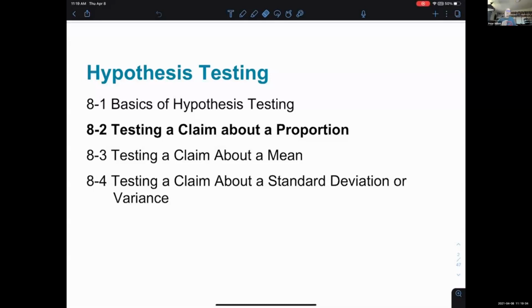We focus on those three specific parameters in 8.2, 8.3, and 8.4, all the while talking about how to perform a hypothesis test on claims about those parameters. So today we're going to look at 8.2, testing a claim about a proportion.